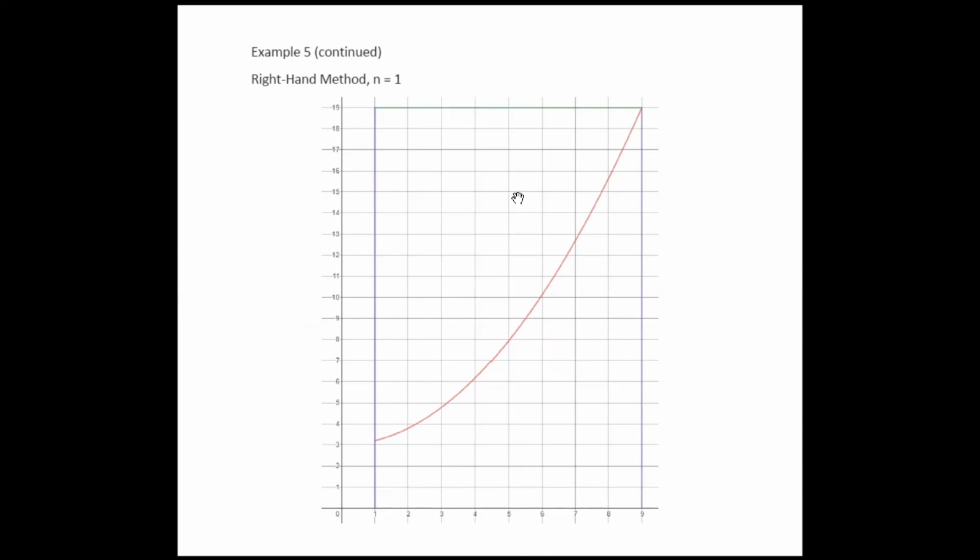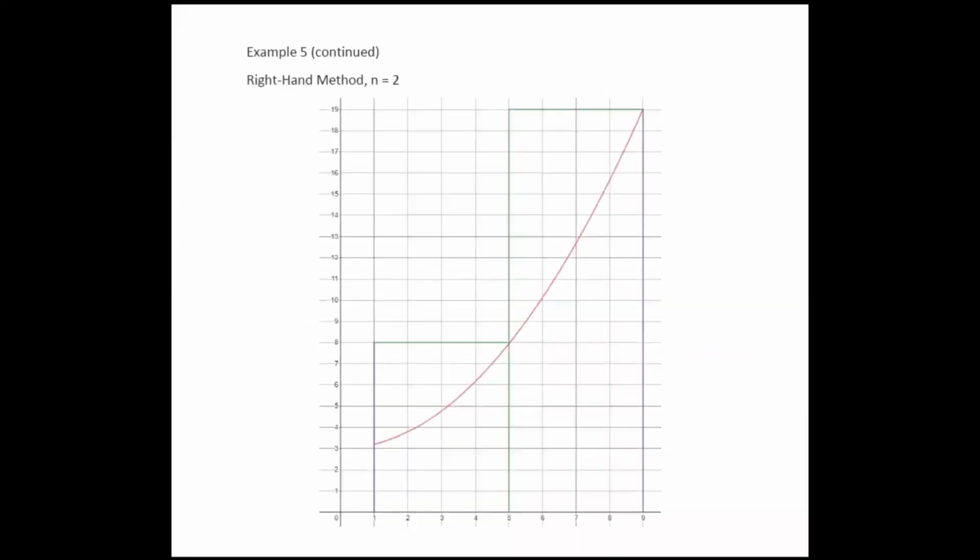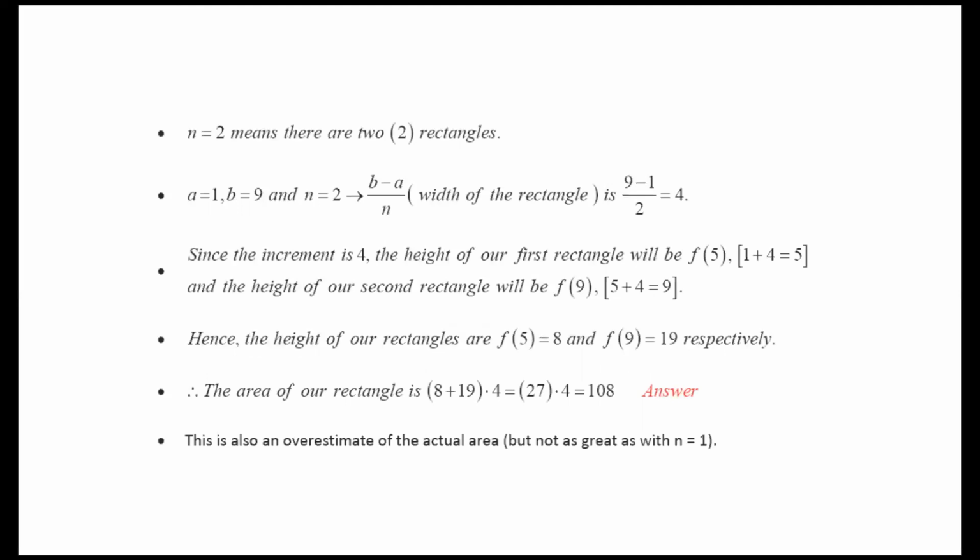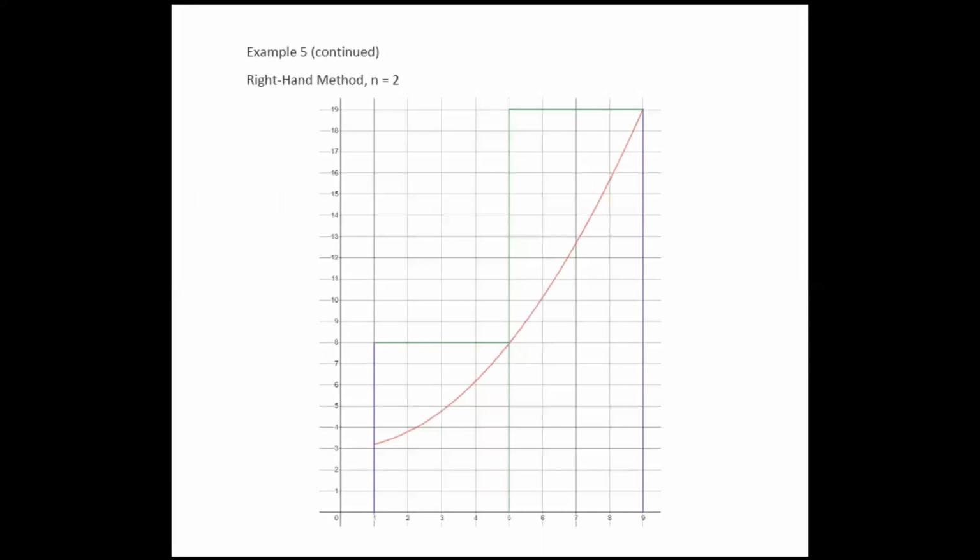Hold on. Let's go to n equals 2, right-hand method. Now, b minus a over n means it's 8 over 2, or 4. That means the width of each rectangle is 4, and our increment is 4. So remember, we're not going to start at 1. We're going to start one increment, 4 over from 1, which is at 5 for our first rectangle.